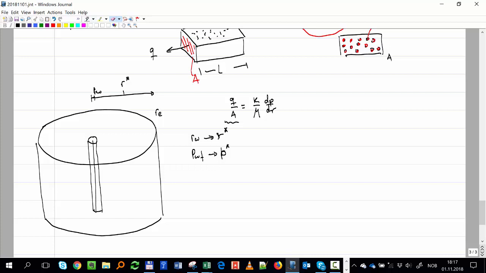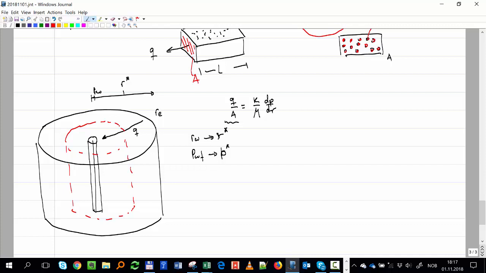If we see what area the flow is going through, the flow is going from here all the way to the wellbore, right? That's Q, that's my rate. So what area is it going through? It's a cylinder.